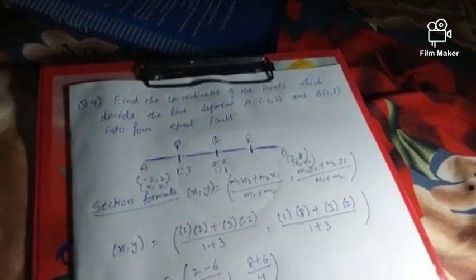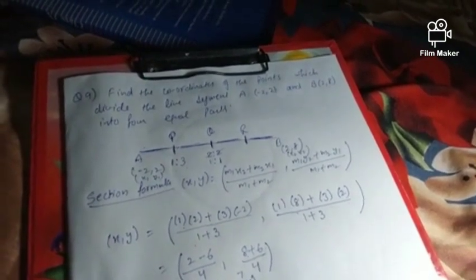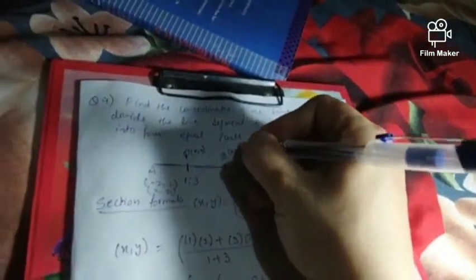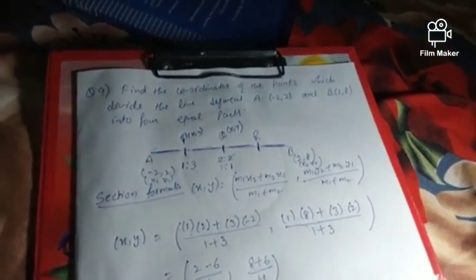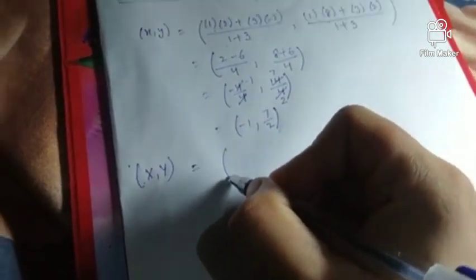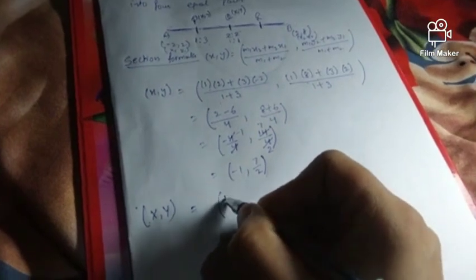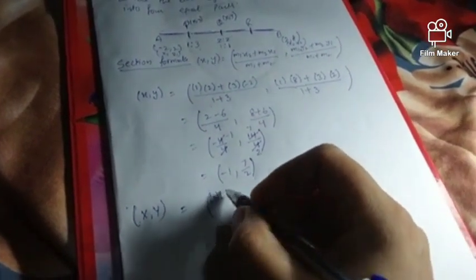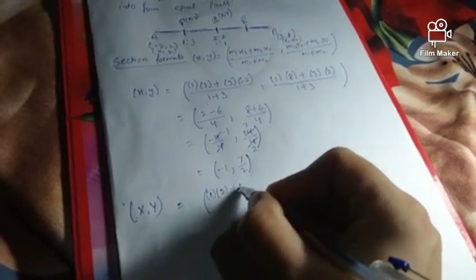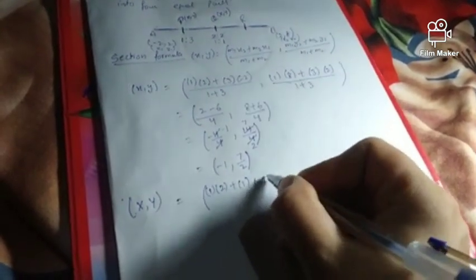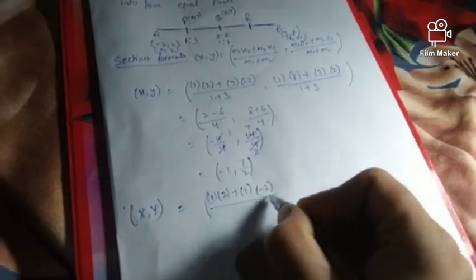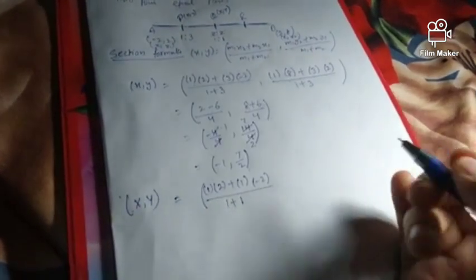Now we will find the coordinates of the point Q. Here I have written small xy. Here I will write capital XY. Capital XY equals to, same formula we will apply. m1 is 1, x2 is 2, m2 is 1, x1 is -2, divided by m1 plus m2.